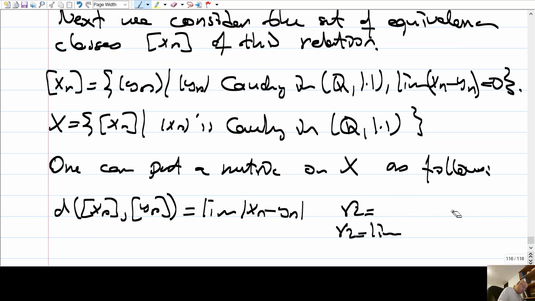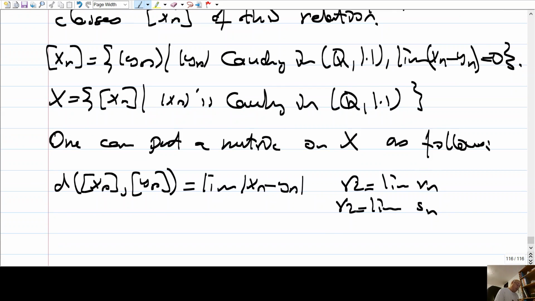So this is the limit of some Rn's, and I can write it as the limit of some Sn's, right? One can consider another sequence, and root 3 is the limit of, let's say, another sequence Tn, and the distance between root 2 and root 3 is defined to be what?